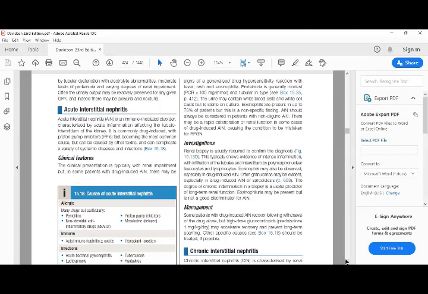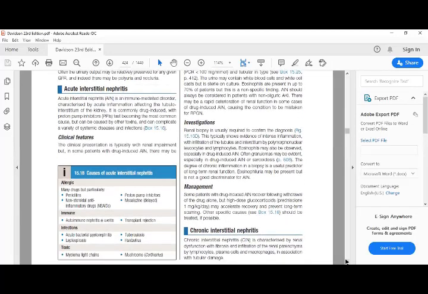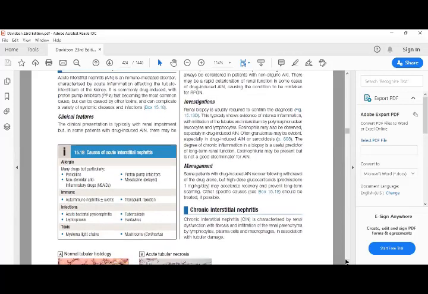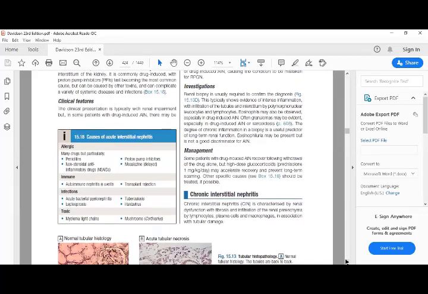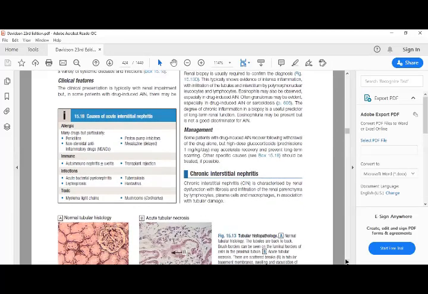Other specific causes should be treated if possible, such as sarcoidosis, tuberculosis, leptospirosis, acute bacterial pyelonephritis, and hantavirus infections. In cases of autoimmune disease, steroids should be given.